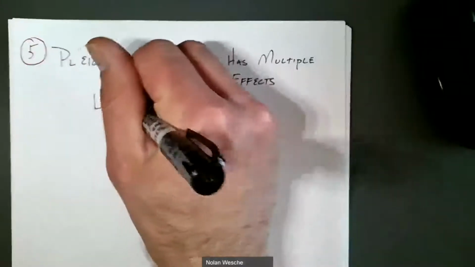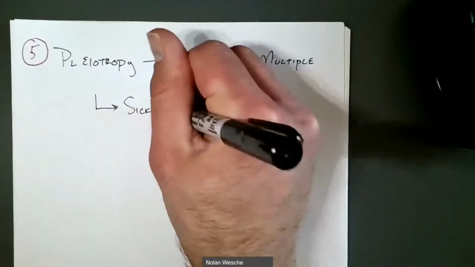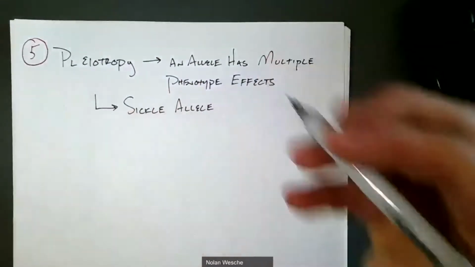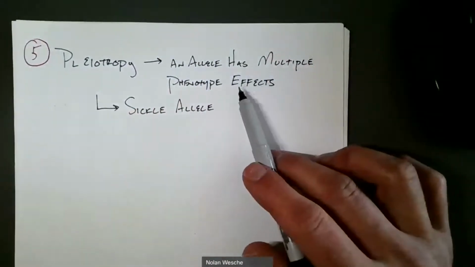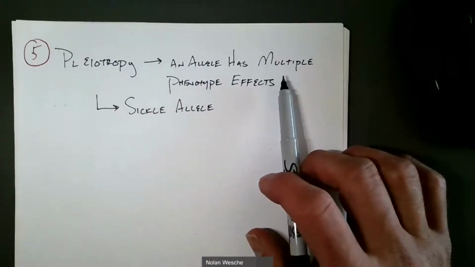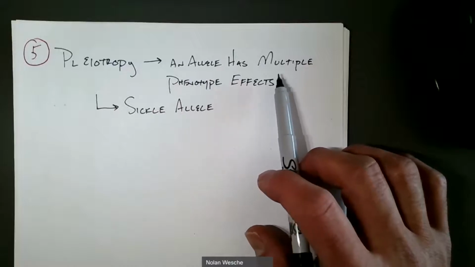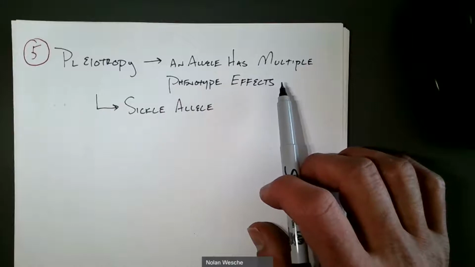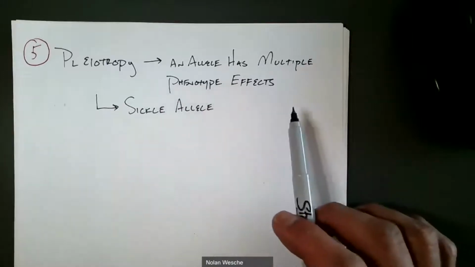And the example here was the sickle allele. And if you have both sickle alleles, now you can see all those pleiotropic effects, the multiple phenotype effects like blindness, liver failure, heart attack, the things that we just looked at. So it's not just one phenotype, it's a whole host of phenotypes from that mutated allele.